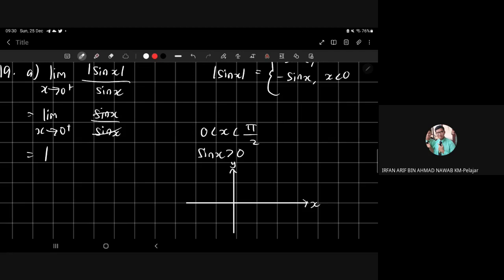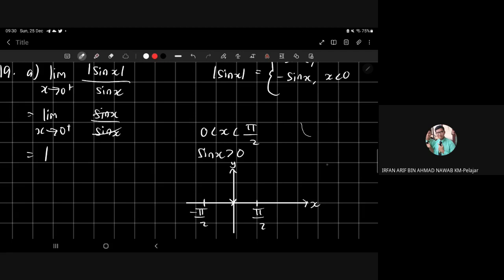So this is negative pi over 2, and this is pi over 2. At sine 0, it'll be 0.